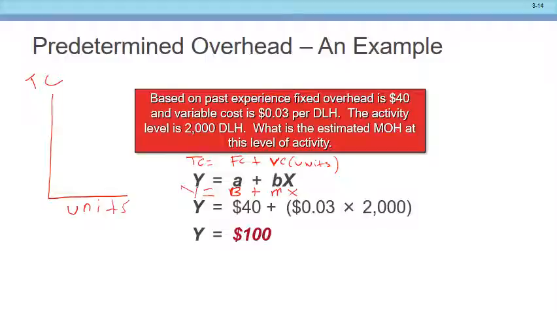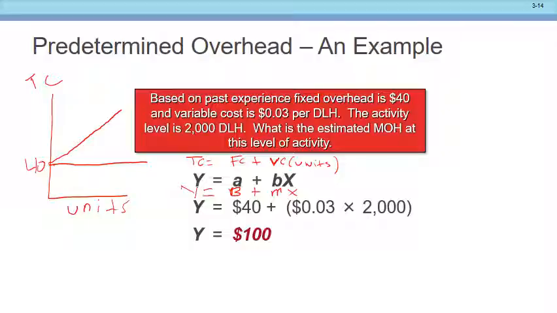So if they're telling me that my fixed costs are 40 here, then even if I produce 0 units, I still have that fixed cost, don't I? Then remember we said my variable costs go up as I produce units, don't they? So the more units I produce, the more variable cost I'm going to get.